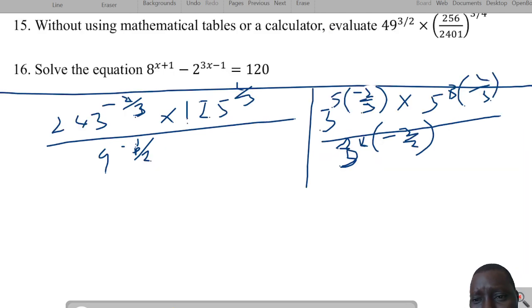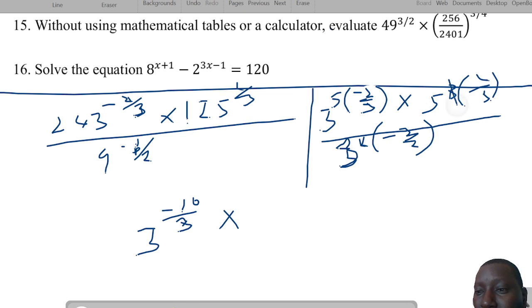So class, here we had 3 power 5 into negative 2 all over 3. So that should give us 3 to the power of negative 10, you divide by 3. Then times 5 power 3.